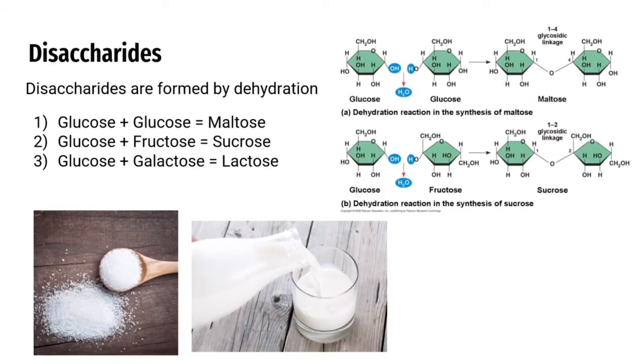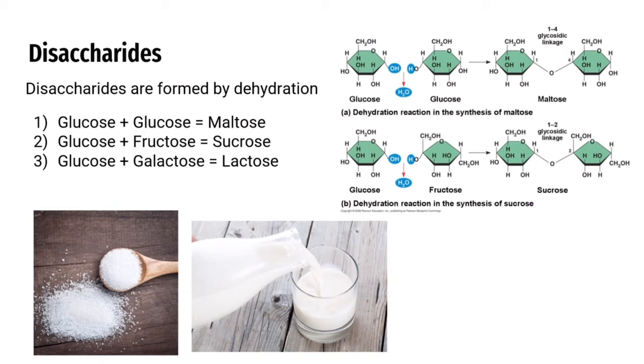Next, I'll talk about disaccharides. Di is a prefix meaning two, so if you remember this, it will be easier to understand and memorize other biological words, like disaccharides. Again, there are three types of them. First one is maltose, which is made up of glucose.